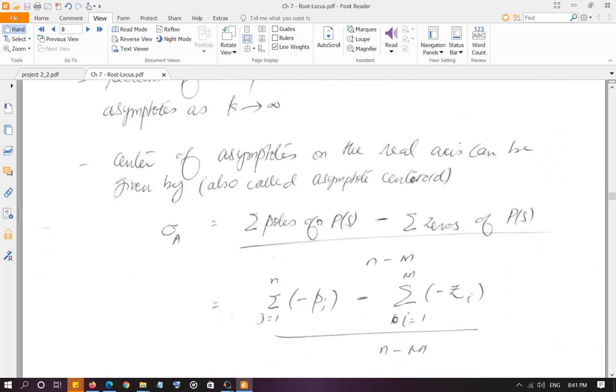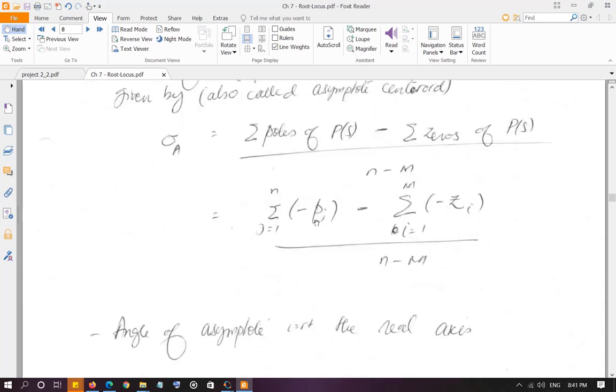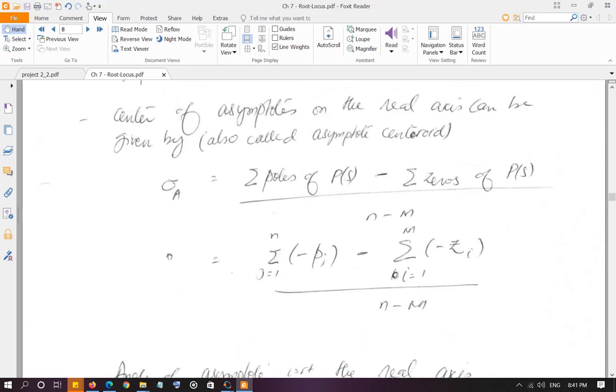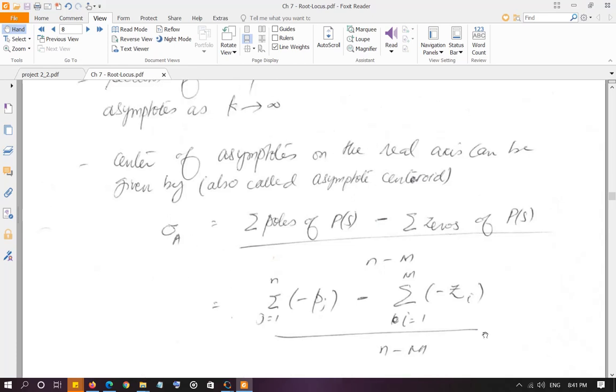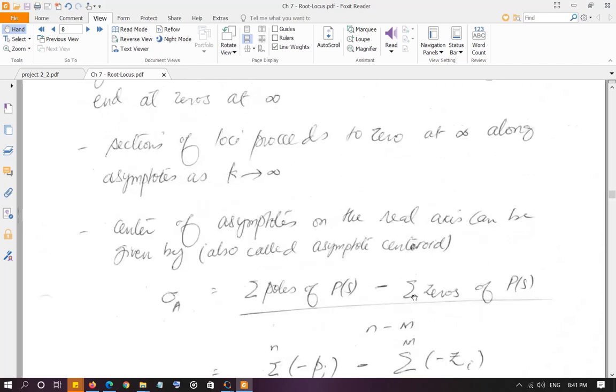So how are we going to find the angle, as well as what we call the centroid, or the point along which those asymptotes will be leading? To find the point, the asymptote centroid, on the real axis, we use this formula. Centroid is equal to the sum of all the poles of P(s), minus the sum of all the zeros of P(s), divided by n minus m.